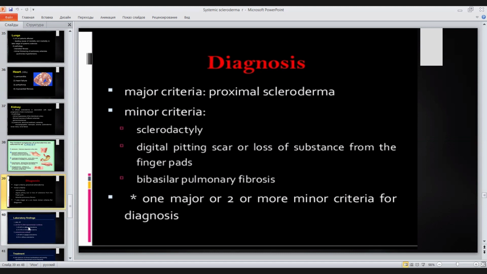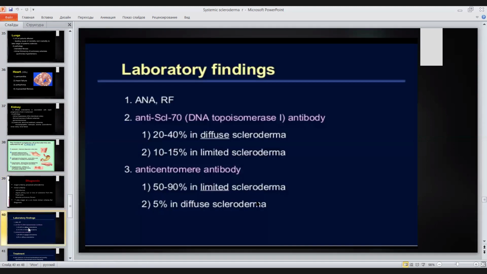Now about lab tests, which, as we said before, have high specificity, 95% presence of ANA, no problems. Rheumatoid factor, which was positive in rheumatoid arthritis, might also be positive in a high percentage in systemic scleroderma. I didn't talk about routine tests, but you should always remember we always check routine tests, students.